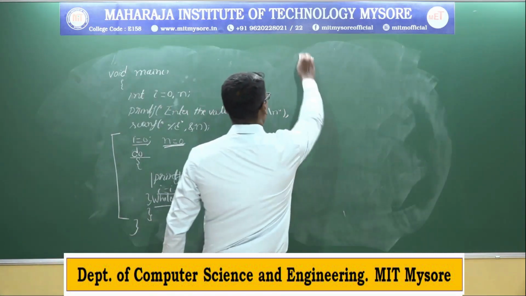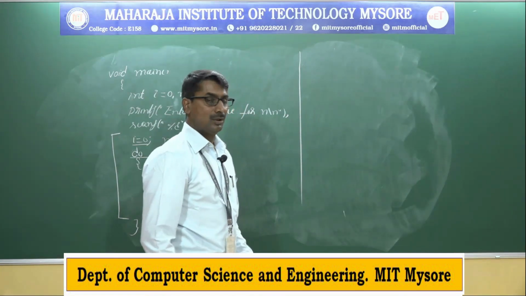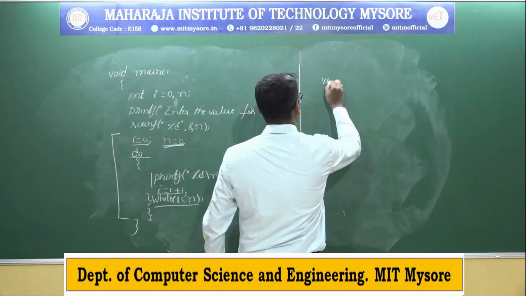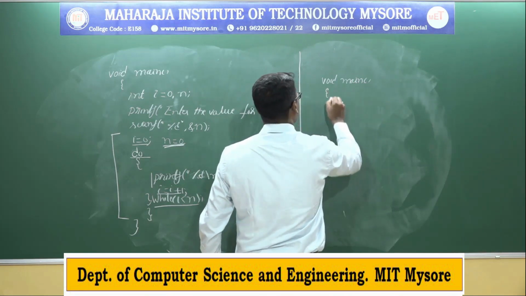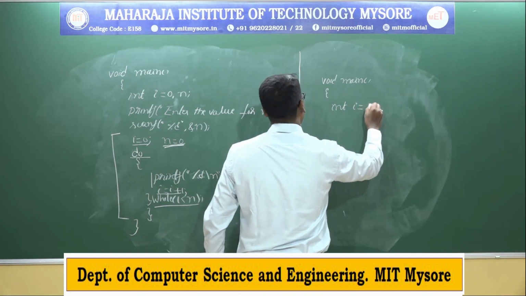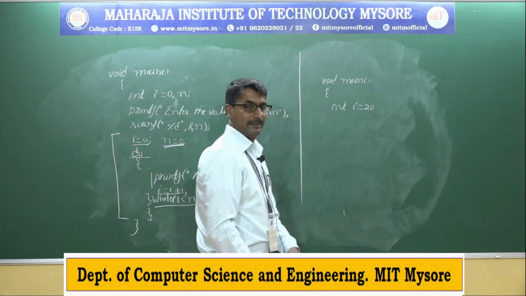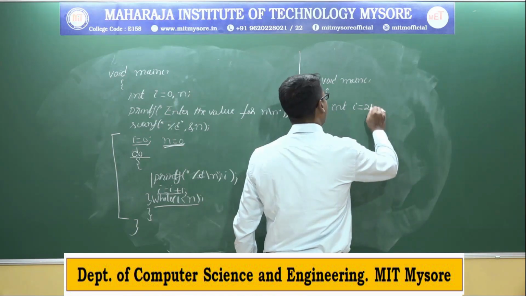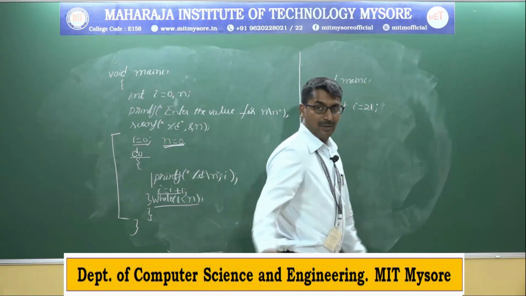Okay, now print the even numbers from 10 to 200 by using do while statement. Void main, and I am setting i is equal to 20. So I need to display the odd numbers from 21 to 200.